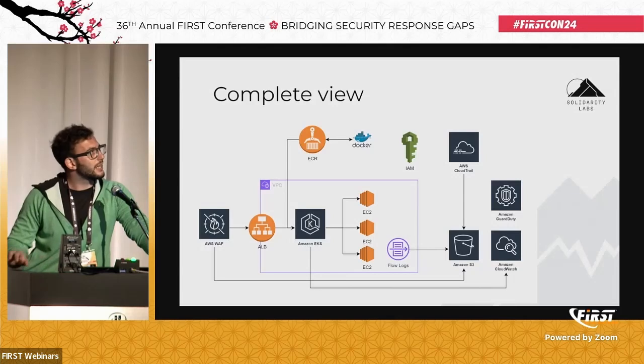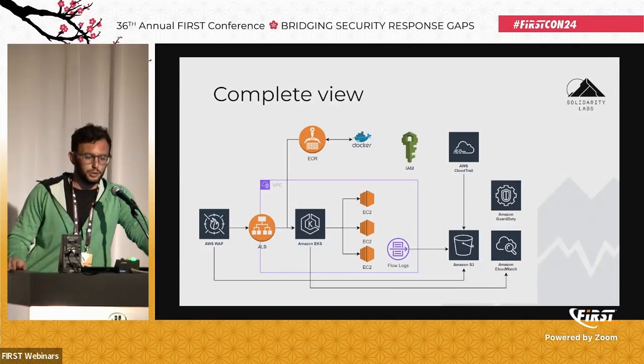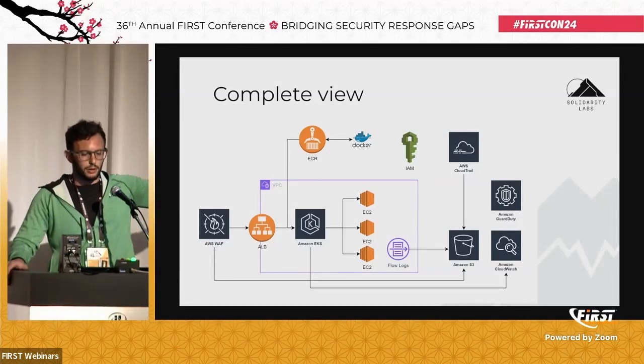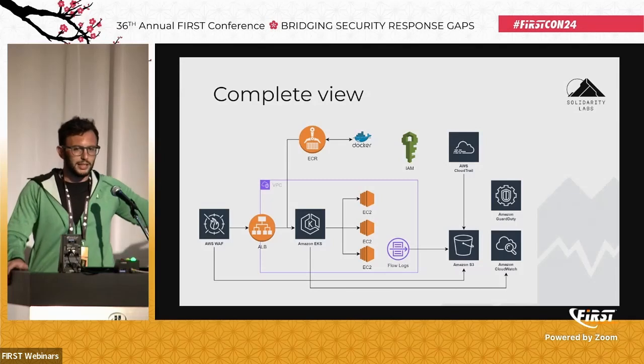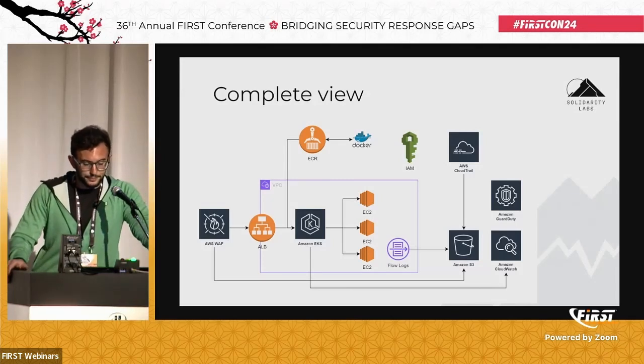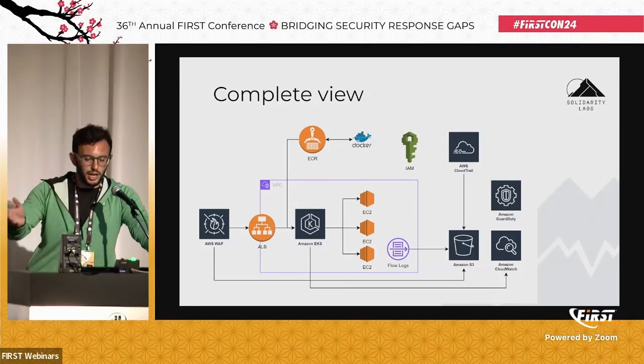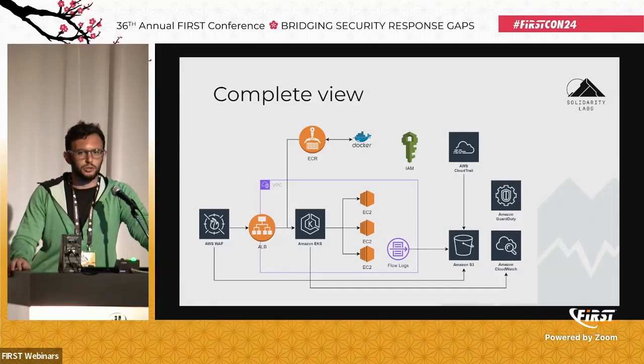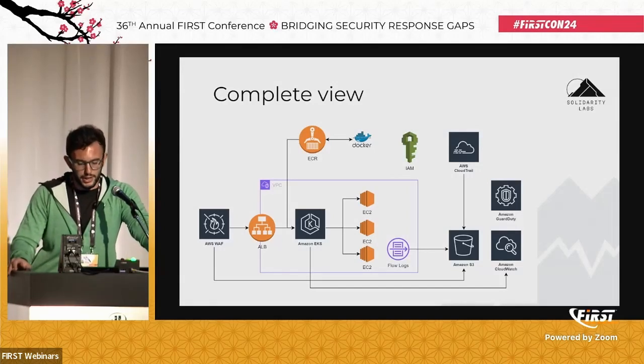This is an example of the architecture for you to get an idea. And you can see the K is the Kubernetes cluster. It was protected with a load balancer and a web application firewall, but that didn't matter. It's interacting with servers, and also it can interact with Amazon S3 for hosting the web page.